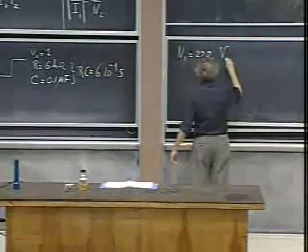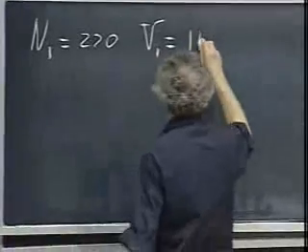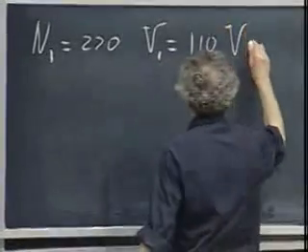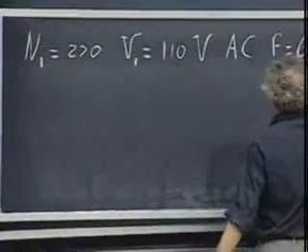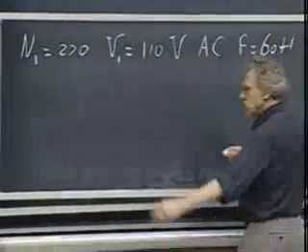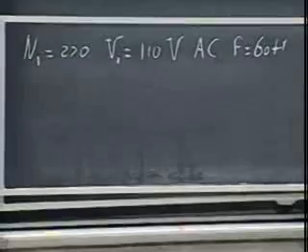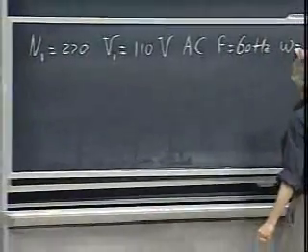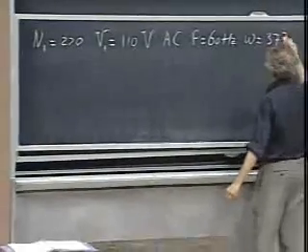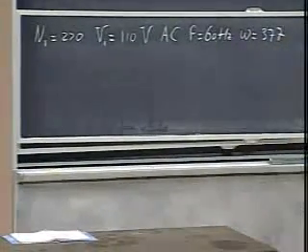And V1 is 110 volts, and it is AC, it has to be. The frequency is 60 hertz. It's just what we get out of the plug here, like you get it in your dormitory. That means omega is about 377, it's 2 pi times f.